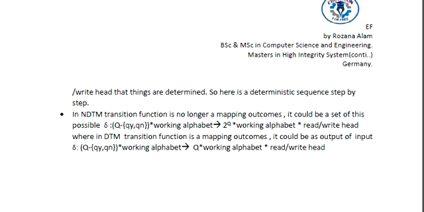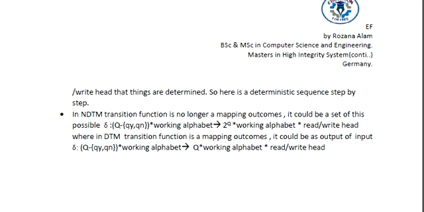And the main difference is shown in the transition function, where in a non-deterministic Turing machine the input configuration implies a set of new possible outcomes, namely 2 to the power Q, multiplied with the working alphabet and the read-write head movement.